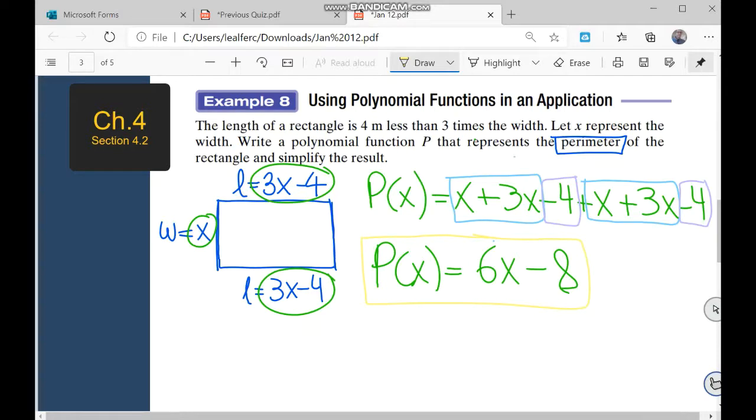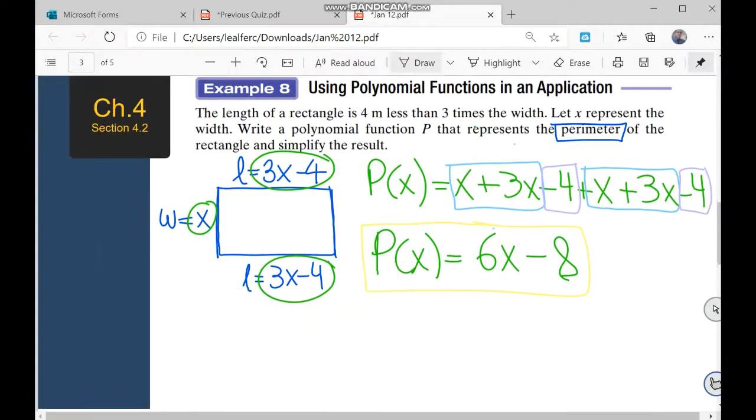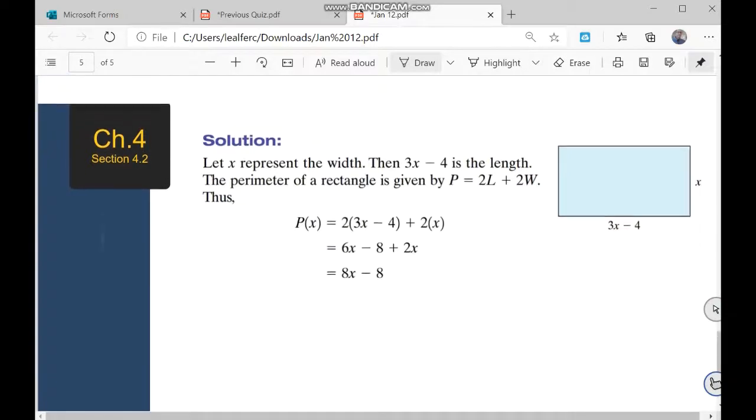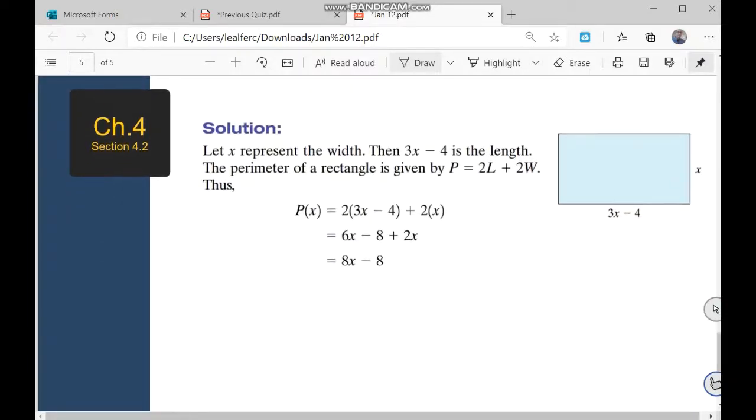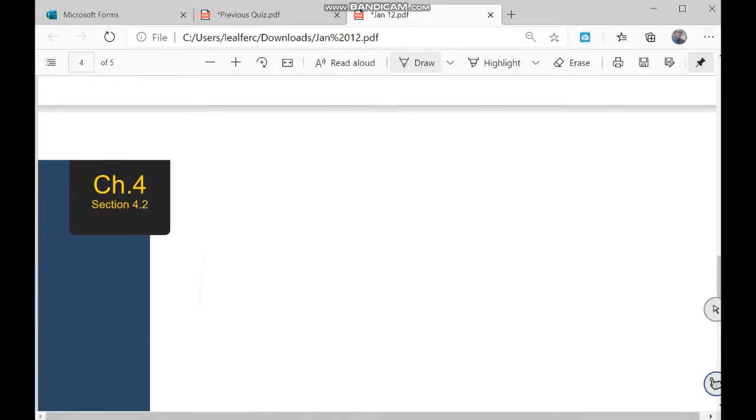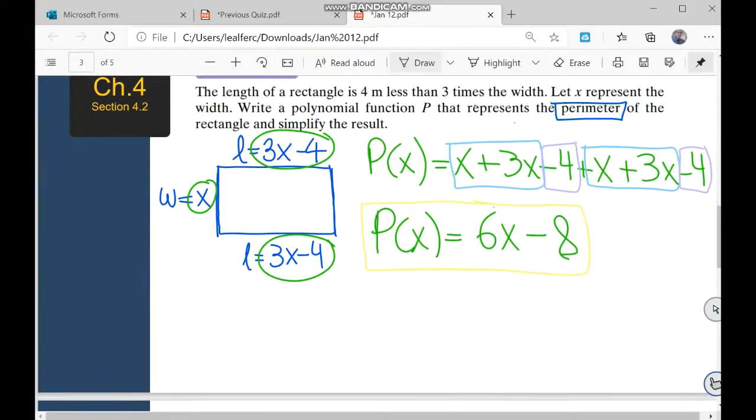If you don't like the way I solve, you can always check the slides, where I make available the solution from the book, which is nicer, neat and clean, because mine is a little bit messy. But if you don't have any questions, we can move on and practice together on the quiz. Agree? Okay?